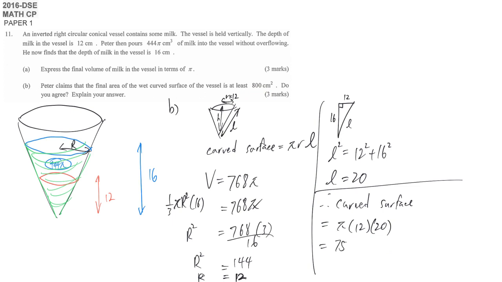Then we get 753.98 something cm square, which is smaller than 800. They say at least 800, but the outcome is less than 800, so we do not agree with the statement.